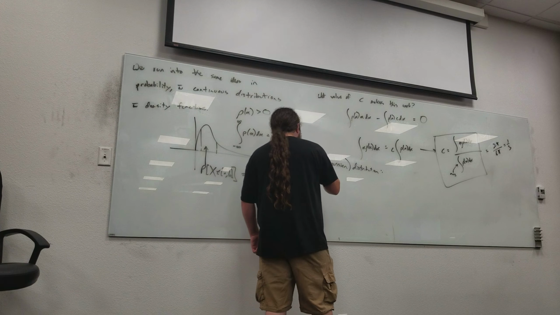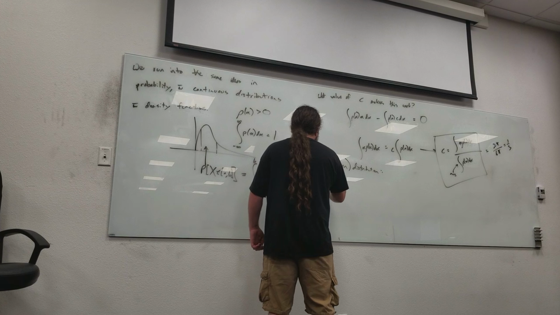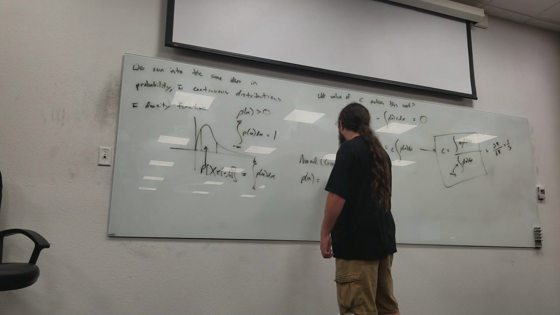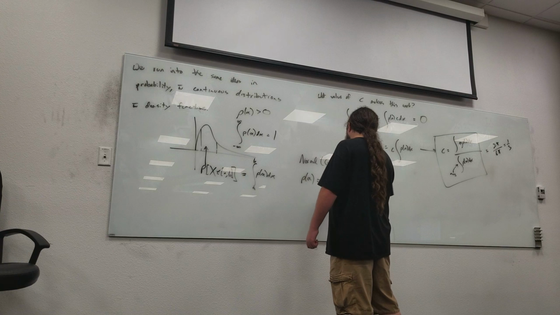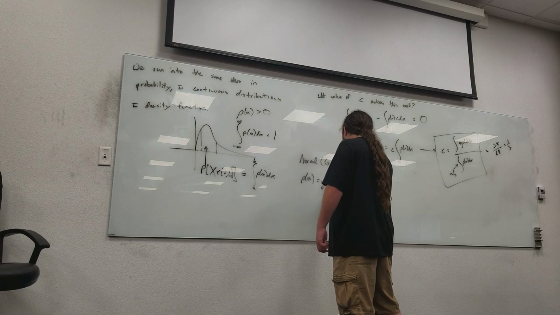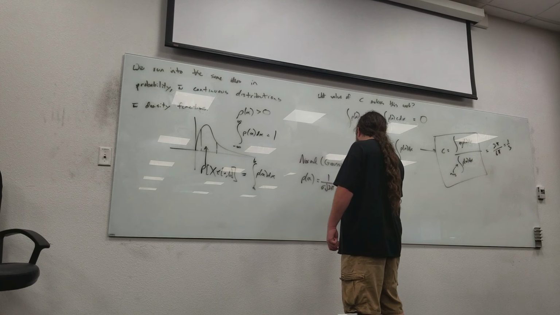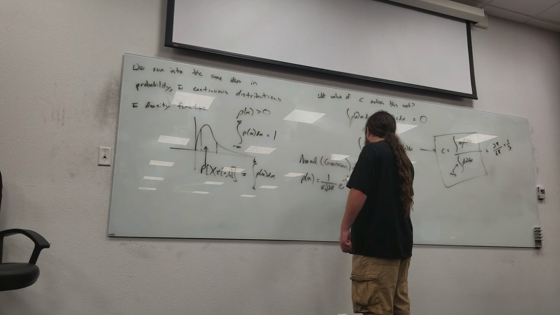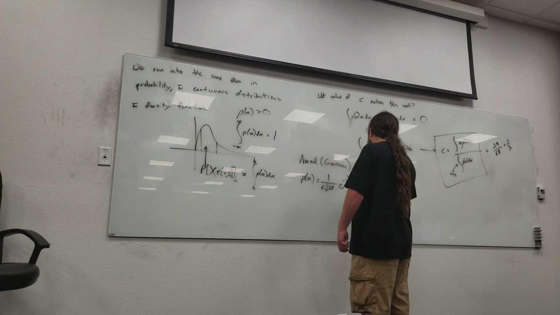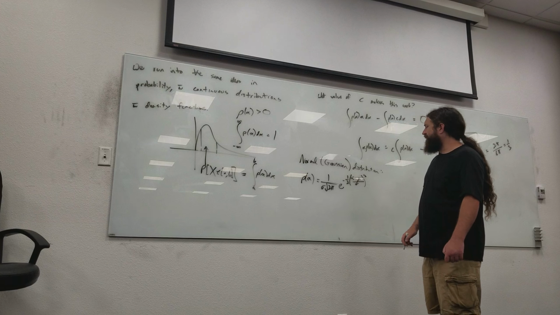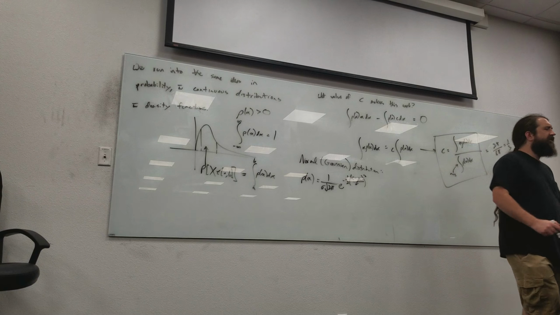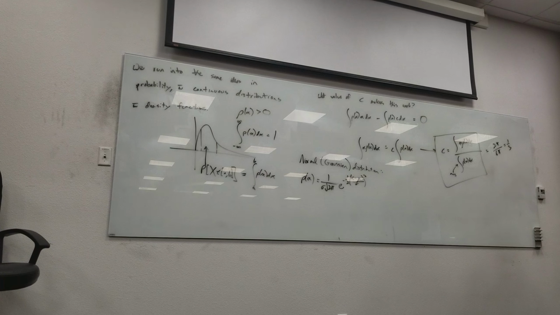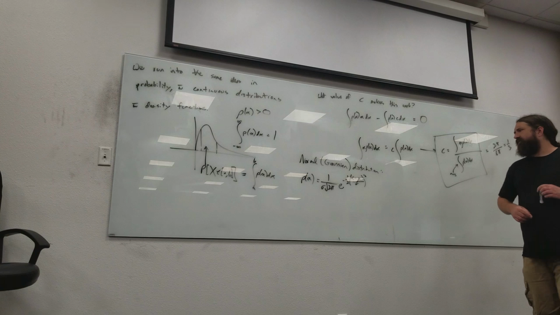This is a super infuriating thing because the density of this guy, it's 1 over sigma square root of 2 pi e to the negative 1/2 x minus mu over sigma squared. Okay, so this is a normal distribution with mean mu and standard deviation sigma. So it is something that you run into all the time.